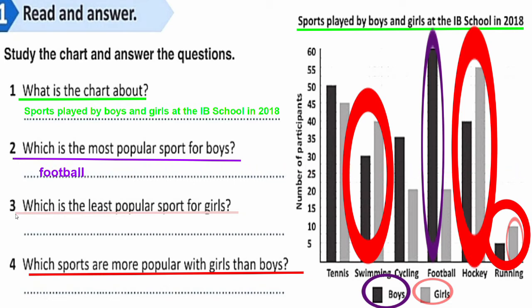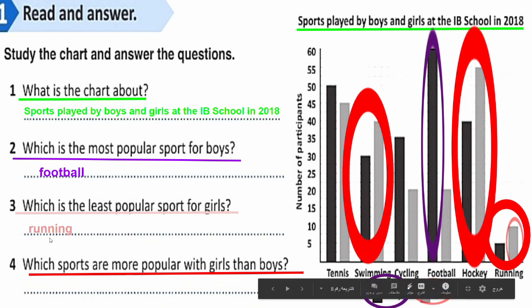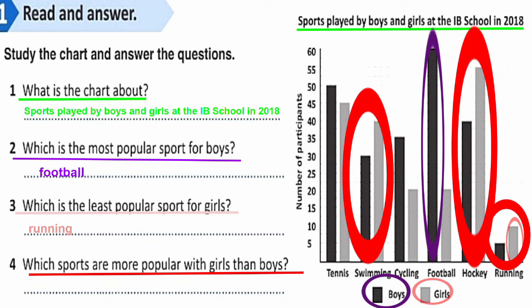Question number 3, which is the least popular sport for girls? Of course, running. And the final question, which sports are more popular with girls than boys? We should mention the 3 sports in red circles, which are swimming, hockey, and running.